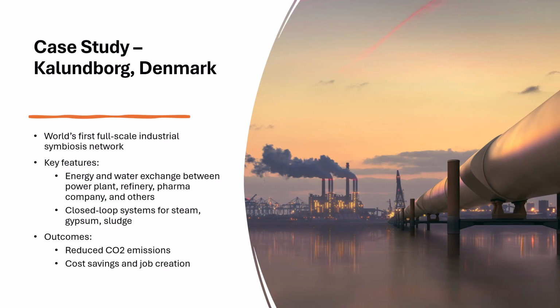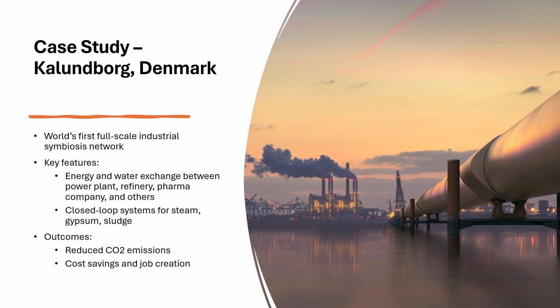So one very important case study is at Kalundborg, which I have explained just now. It's a world first full-scale industrial symbiosis network. The key features are energy and water exchange between the power plant, refinery industry, pharmaceutical industry, and others. It's a closed loop system for steam, gypsum, and sludge.